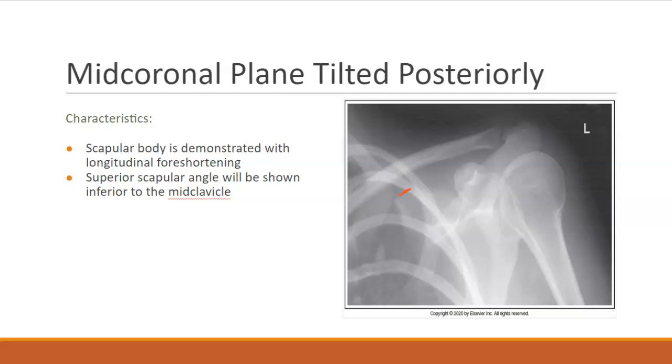As you can see here, here's your scapular angle, and there is again foreshortening of that scapular body. So in order to correct this tilting, we need to get that mid-coronal plane parallel with the IR.